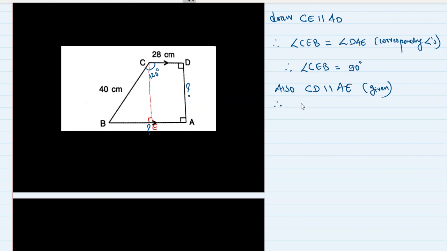Therefore, you can say that angle CEA is equal to angle DCE, co-interior angles.